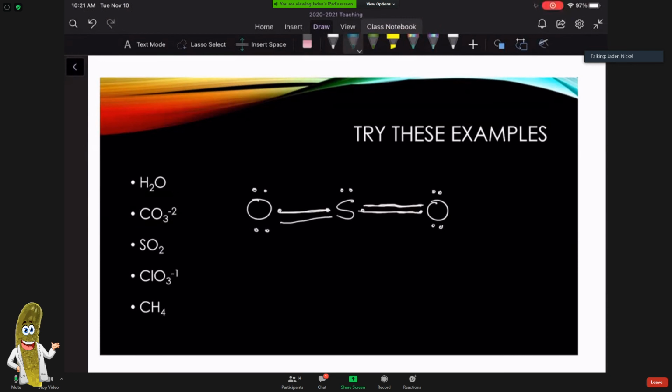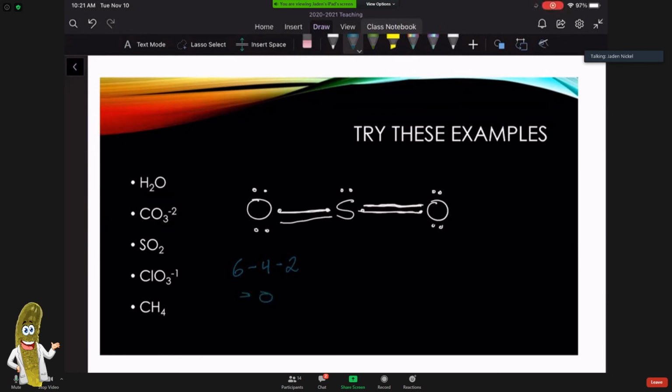And so if we were to look at our periodic table, oxygen has a valence number of 6. And then we have oxygen here, which has 4 dots and 2 bonds. And so we know that this one will be 0.